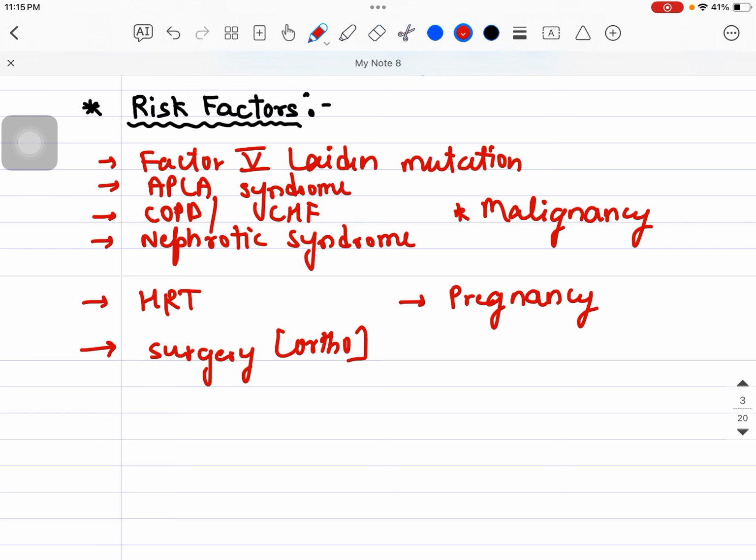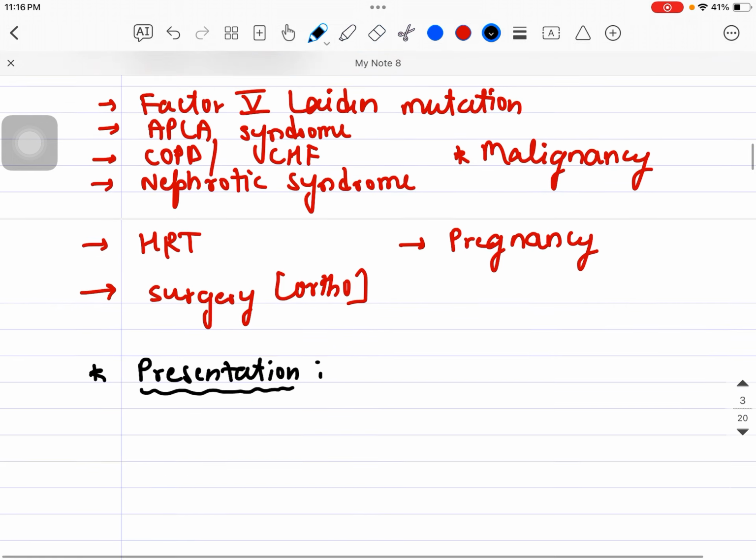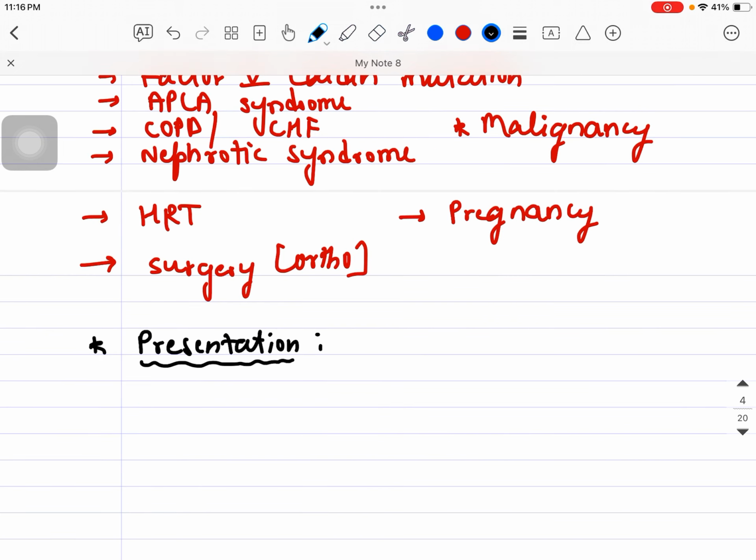Moving on to the signs and symptoms, or the presentation part, which is also very important: how will these patients present to you in your casualty or emergency room?